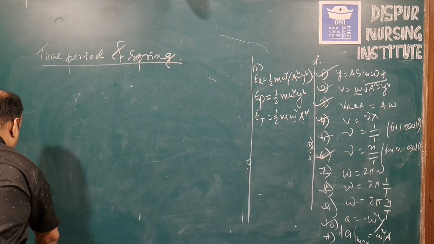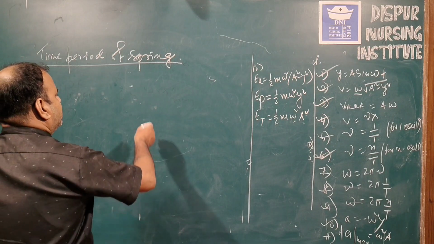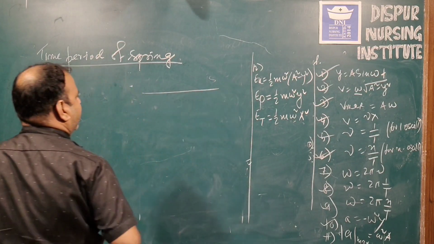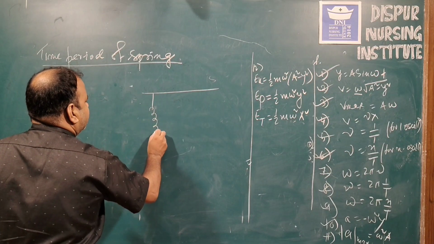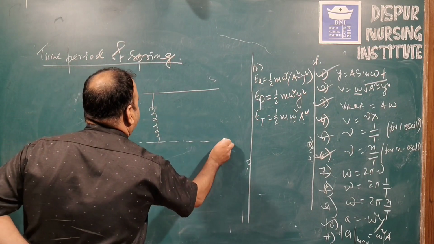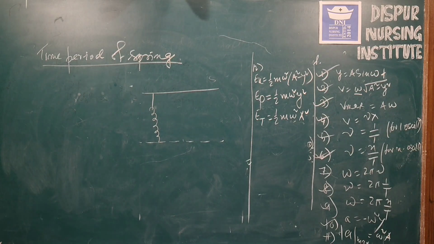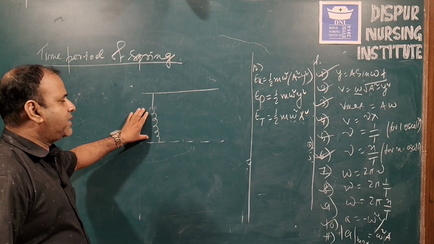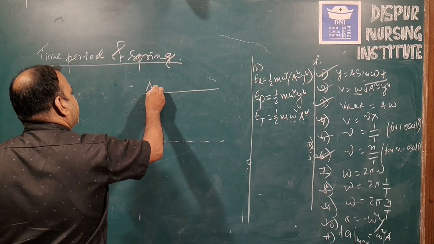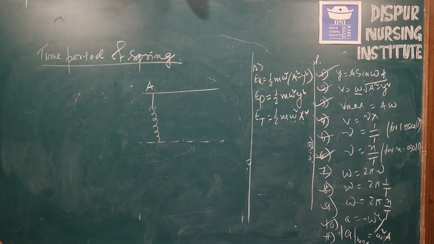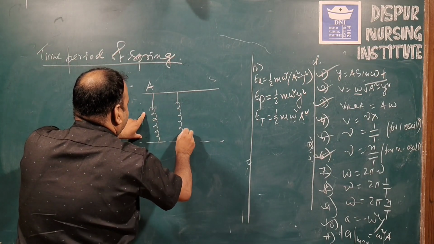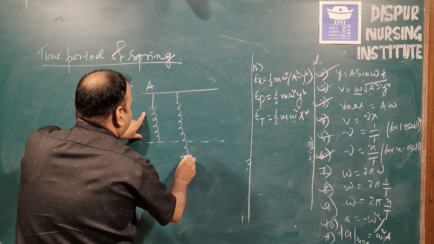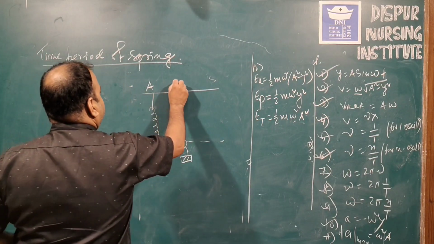So in this case, I am going to draw three diagrams. You can see, suppose this is a kind of spring. This is the normal position of the spring. That means the initial position of the spring, and this initial position is represented by A. Now when this spring is loaded, B position.